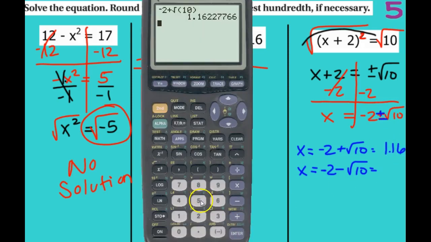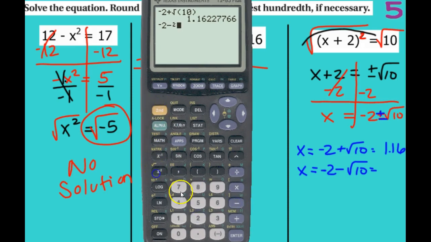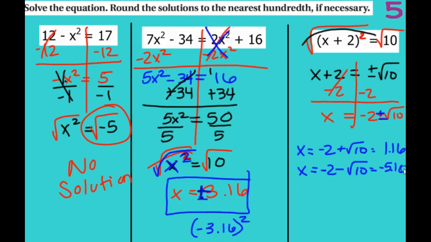Or we can do the same thing, negative 2 minus the square root of 10. Negative 5.16. So those would be my two answers. This is where my graph would cross the x-axis if I were to graph it, at 1 point something and at like negative 5.